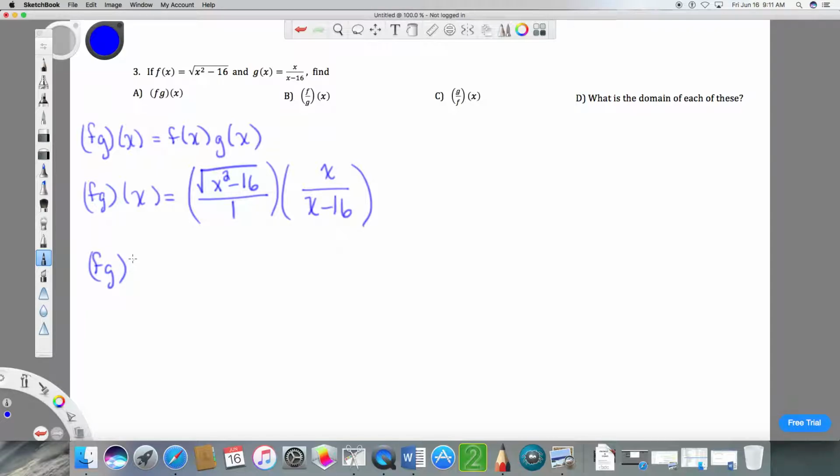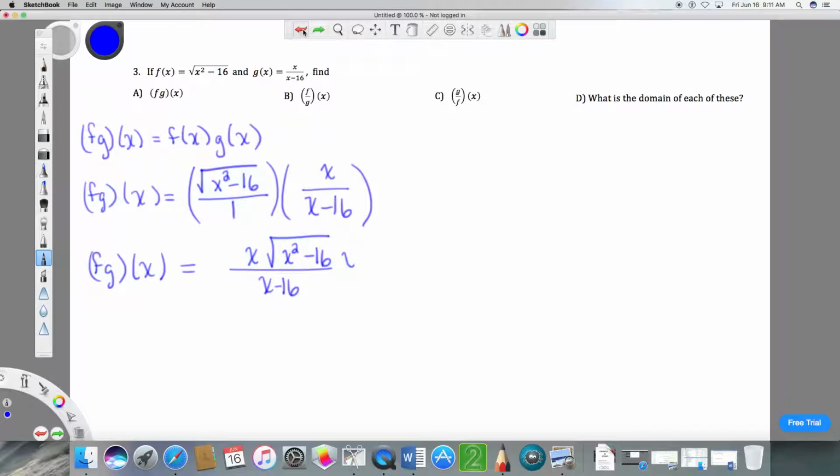So all I can do is just simply multiply straight across in the numerator and the denominator. In the denominator, I get x minus 16. And I suggest that you write this x in front of the square root so that if your handwriting is sloppy, if you wrote it over here, then someone could not understand if that's underneath the radical or not.